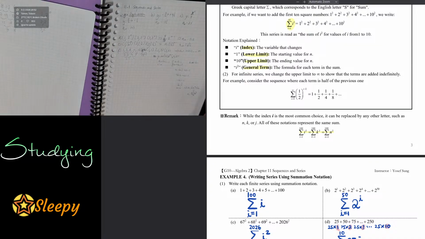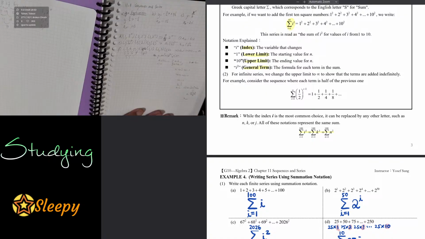And then a10 is 100 plus... what, it is 55. Oh, you got it. N squared plus n, divided by 2.